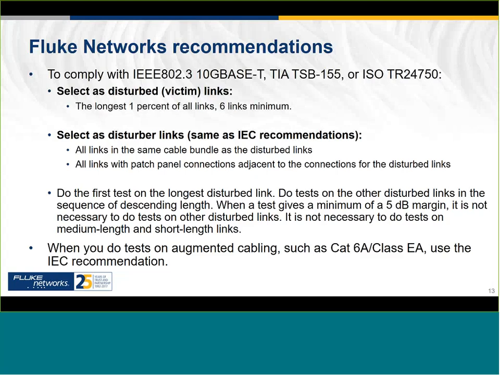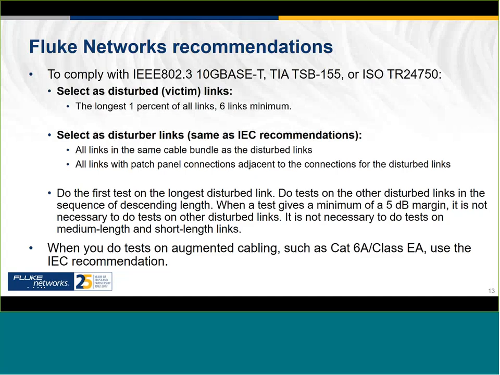It should not be necessary to test medium length and short length links, because you've eliminated the possibility of alien crosstalk being there. When you are testing category 6A or class EA, use the AXT recommendation. That's the best advice we can actually give you.